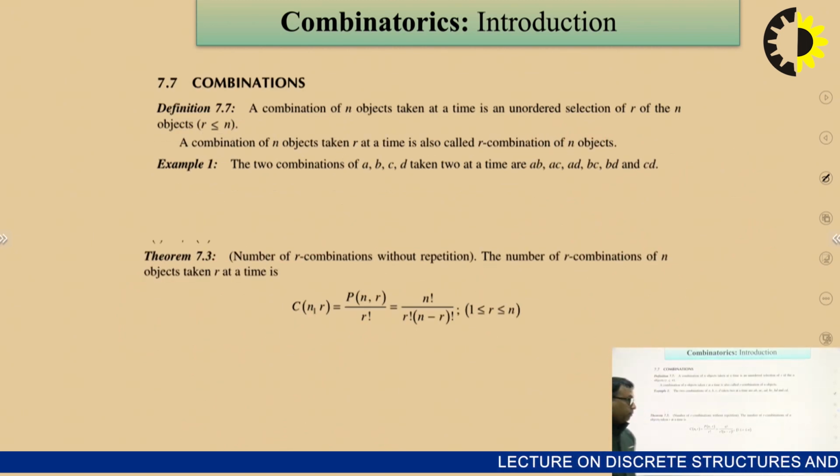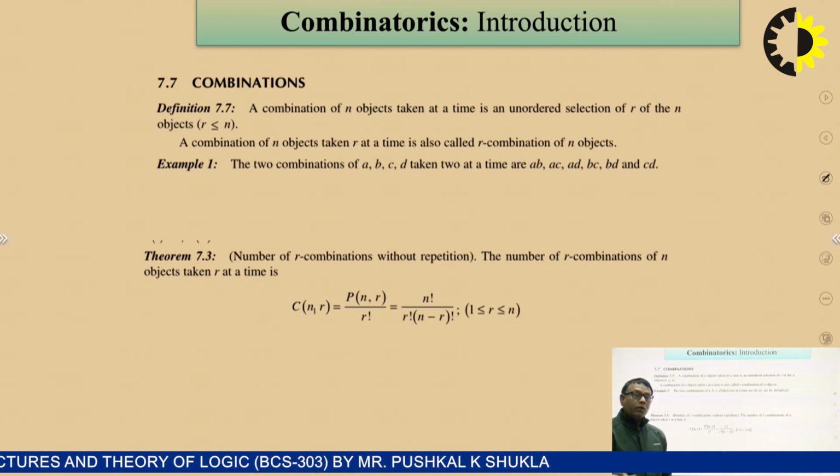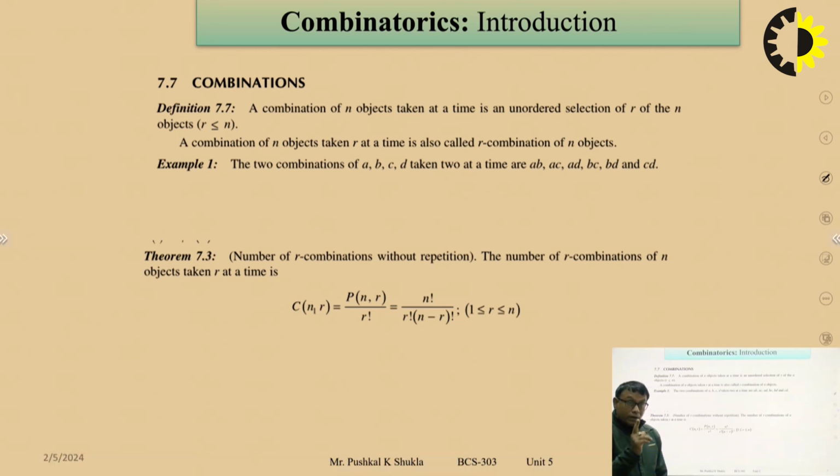Now combination. What is combination? A combination of n objects taken R at a time is an unordered selection. While in a permutation, R objects out of n objects are taken and the selection is ordered. Sequencing is important. But here, order is not important.